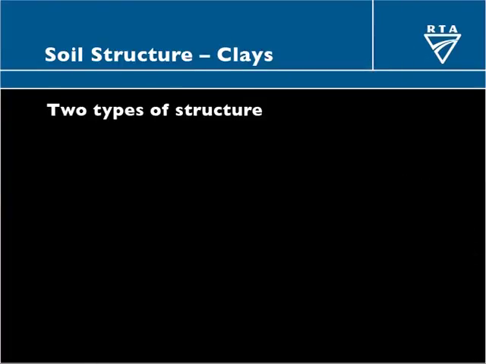With clays, which are much finer, the situation is quite different. The mineral particles are generally in the form of flat plates, which I've tried very crudely to illustrate here. They generally form one of two structures.